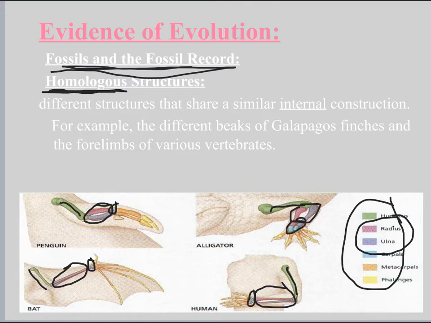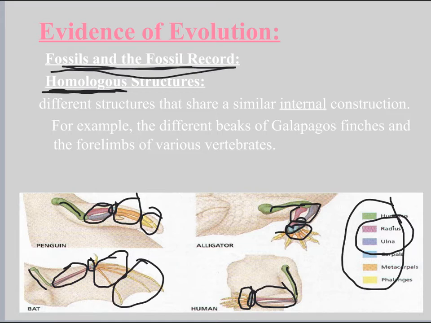They look slightly different in each organism, but they're all there, the blue colored bones, the carpals. Then you have metacarpals, the middle bones, again looking slightly different from one organism to the next. And then you have phalanges, which are the spread out bones farthest from that humerus.